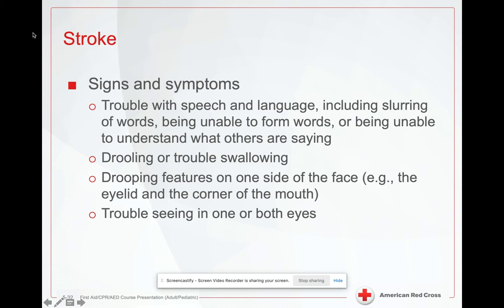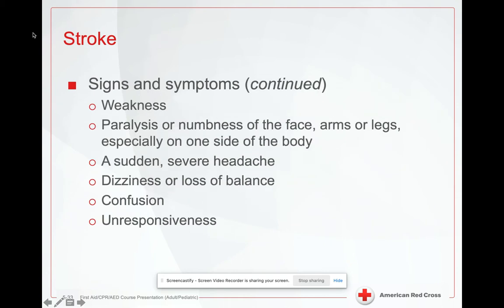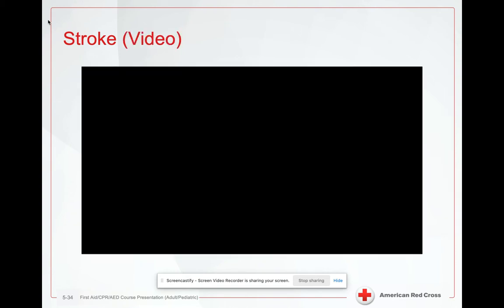They may also have trouble seeing from one or both eyes. May also have weakness or paralysis or numbness of the face, arms, or legs, especially when it's on one side of the body. Could also have a severe headache, dizziness or a loss of balance, confusion, or unresponsiveness.